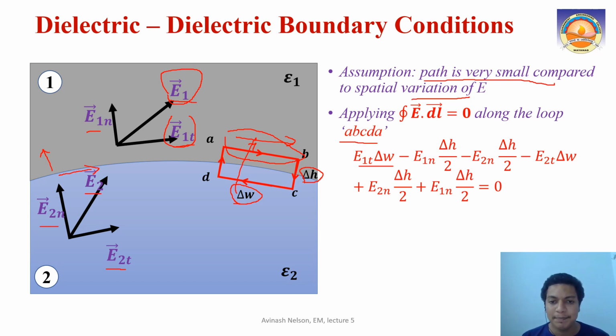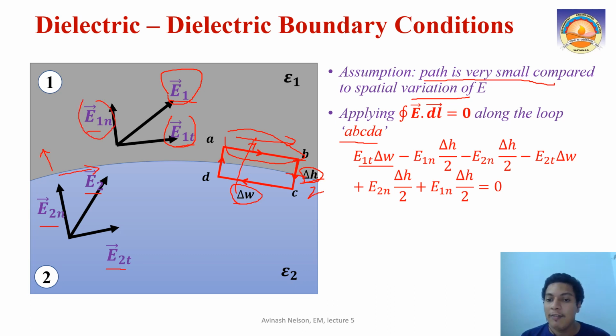From B to C, we have two portions. Up to here, the half portion between B and C, that length will be delta H by 2. Total BC is delta H only, and the half portion is delta H by 2. There the field in the direction of BC is your normal component.